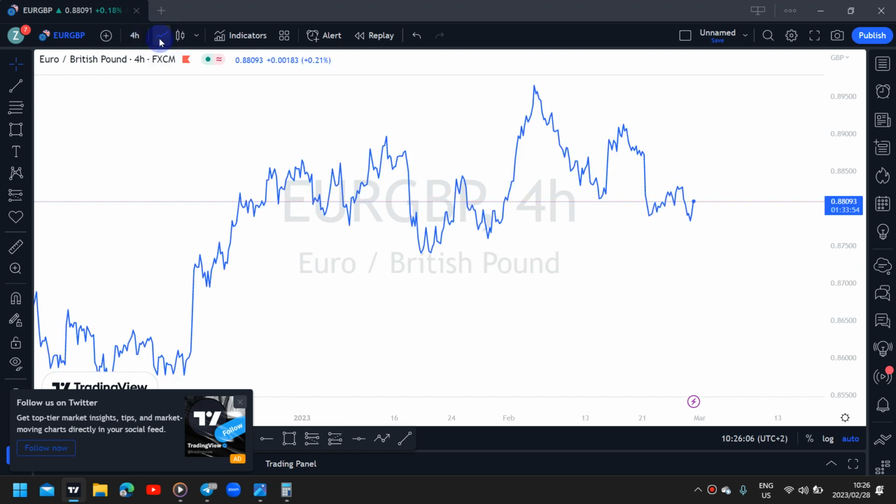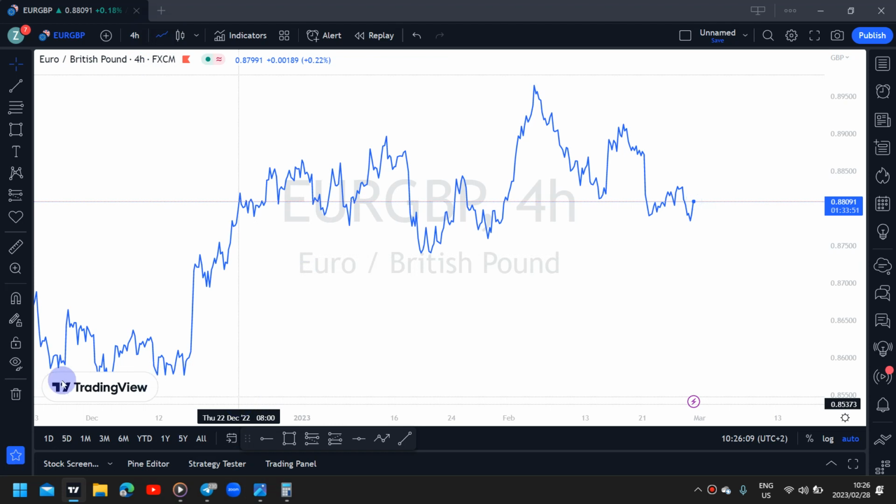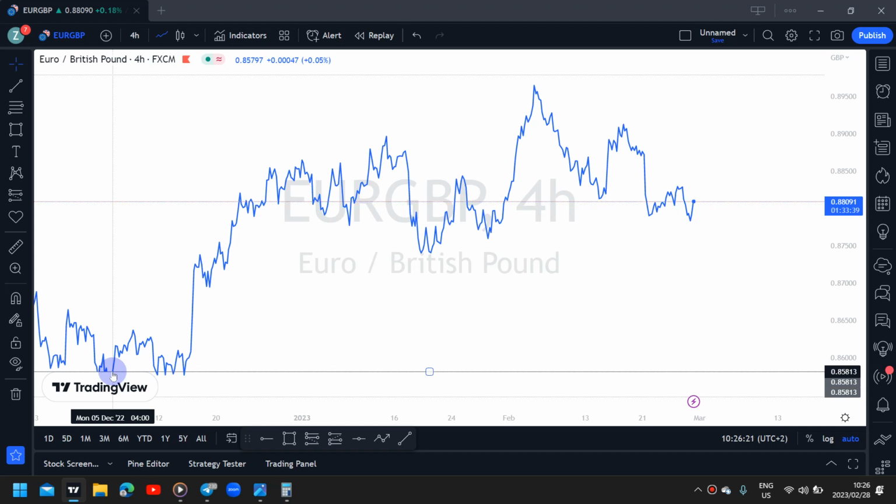is to switch to a line graph and identify key levels, right? By key level. So adjust this. Excuse me for that.